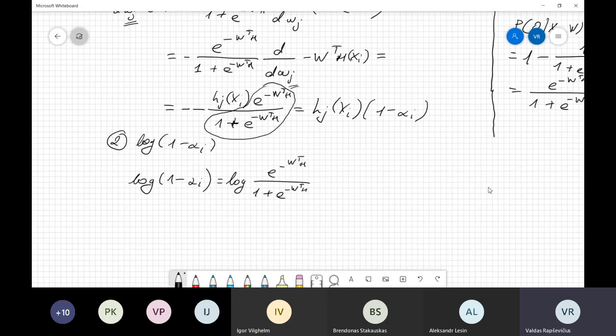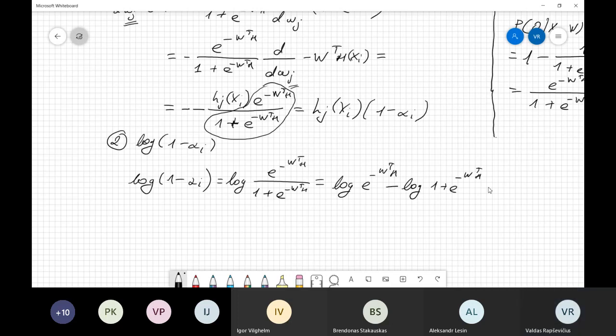Again this is a logarithm of a division, so we can do the same trick with the subtraction: log of e to the minus wTh, minus the log of the denominator, log of 1 plus e to the minus wTh.